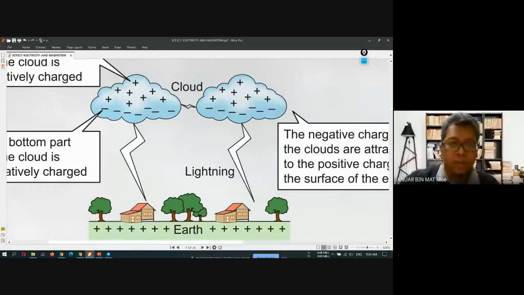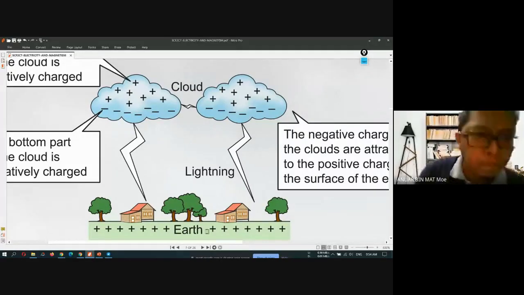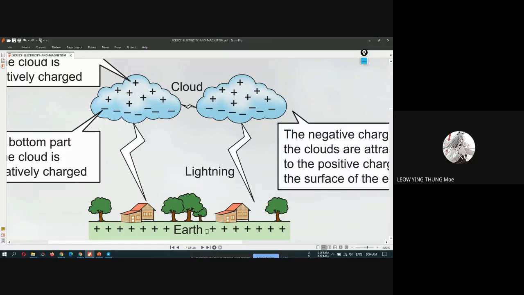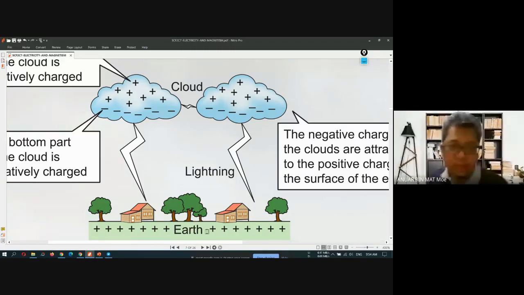Is the surface of the Earth usually positive or negative? Class, usually, is the Earth positive or negative? Positive. Okay, usually the Earth is positively charged. And how about the cloud?